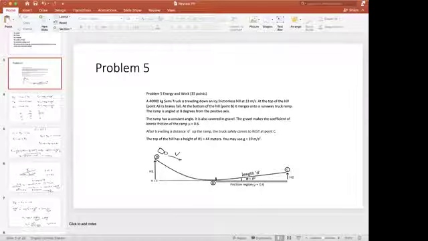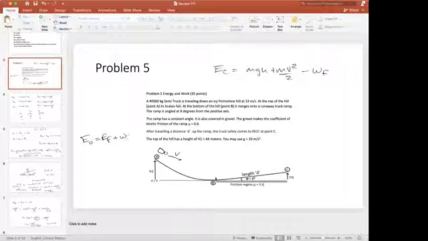You could actually mathematically do it by finding that the energy at C is equal to mgh plus mv squared over 2 minus the work of friction, and that will give you a positive sign because the work of friction is negative. I find it easier just to write E initial is equal to E final plus the work of friction. And then if the friction happens in the middle of a problem, it gets a little harder. I probably won't do that to you guys though. And in fact, I'll tell you I won't do that to you.